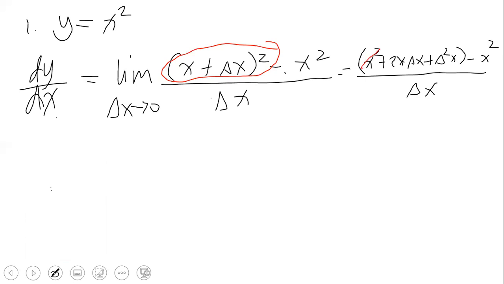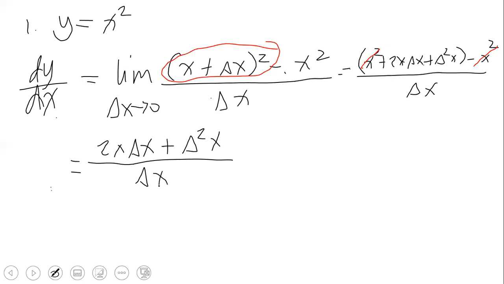So therefore, x squared minus x squared yan. Tapos, proceed tayo sa the terms. You have 2x delta x plus delta x squared all over delta x as delta x approaches 0. So you have the quantity, no?